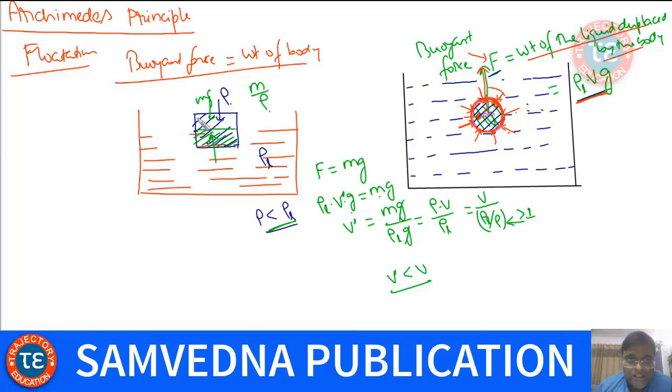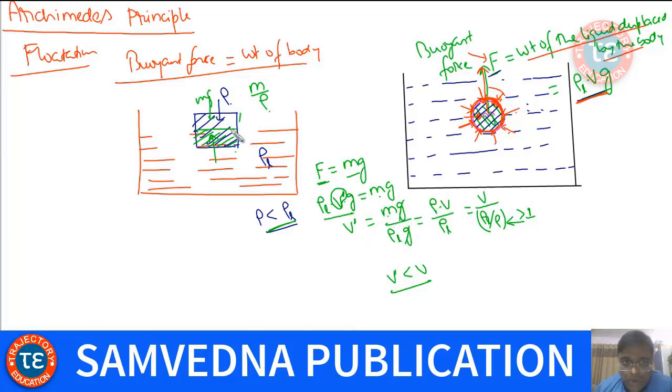Are you getting the point? We have this body of mass m. In order that the body should float, the buoyant force must be equal to the weight of the body, and buoyant force is equal to the weight of the water displaced. Suppose the water which needs to be displaced is V dash. From here we calculate V dash: V dash is mg upon rho L into g, g cancels out.